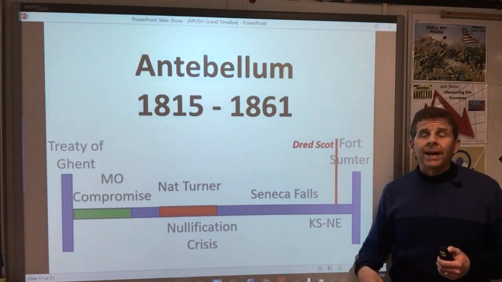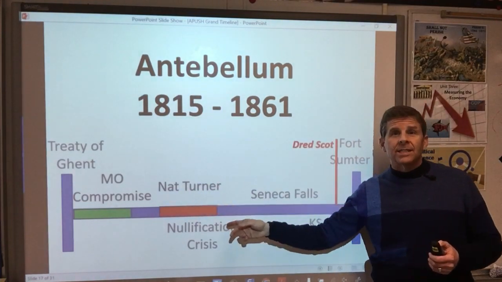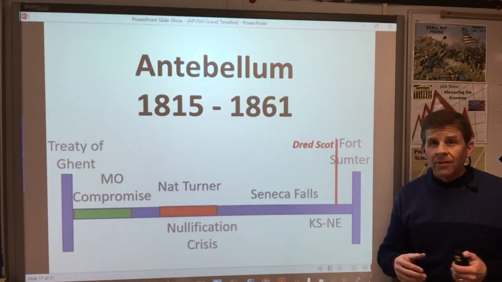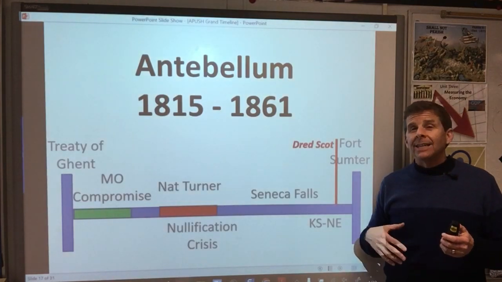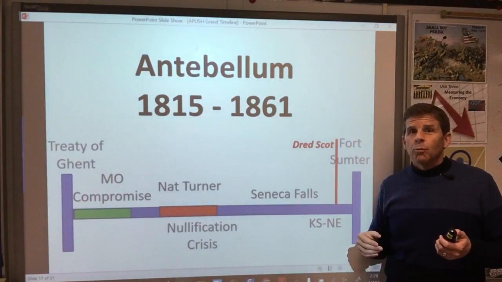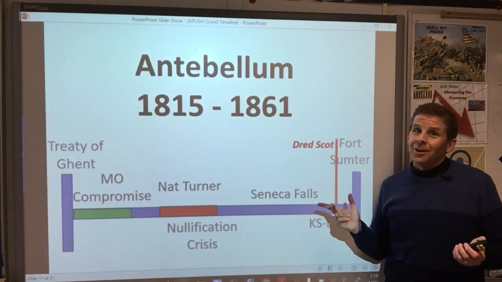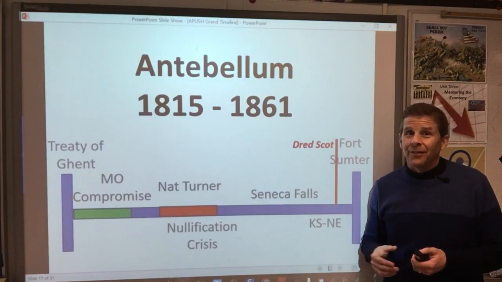So we did already walk through a lot of these events that led up to this tension that would lead to the Civil War. We talked a little bit about the Compromise of 1850, which you should know where it fits on a timeline if it's 1850.